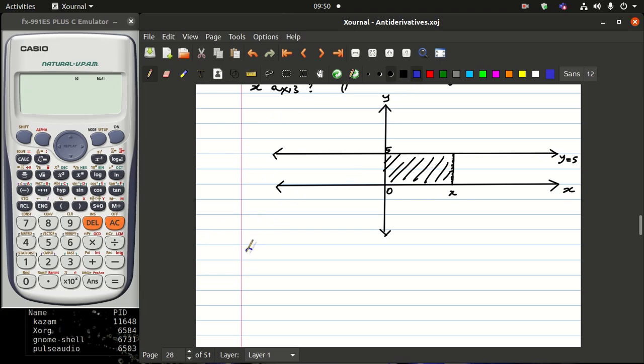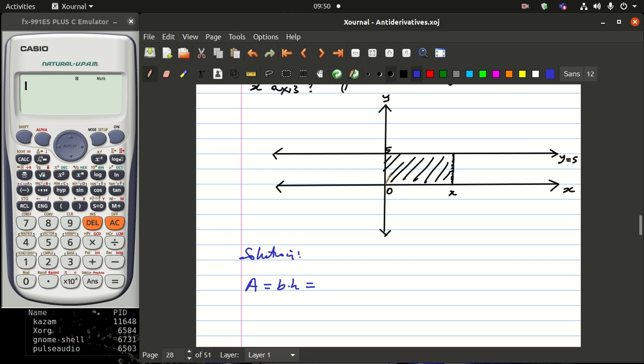So we are going to have our solution here. The area, which I'm going to call A, of this rectangle is always going to be the base times the height, because this is just a rectangle.